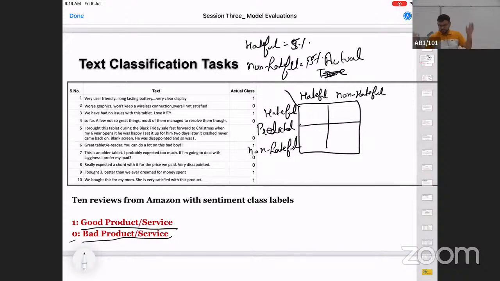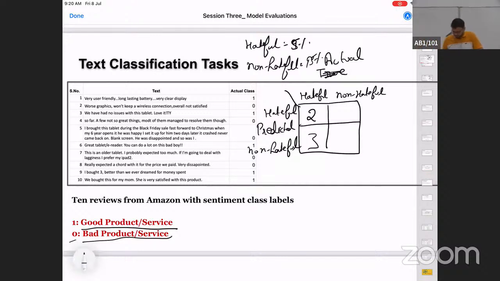Okay, let us consider some dummy model which assigns these classes according to this confusion matrix. Let us try to fill this confusion matrix. Assume that we are talking about the hateful messages. In total, how many hateful messages are there? 5. So let us say that maybe 2 hateful messages were predicted as hateful, whereas 3 were predicted as non-hateful.